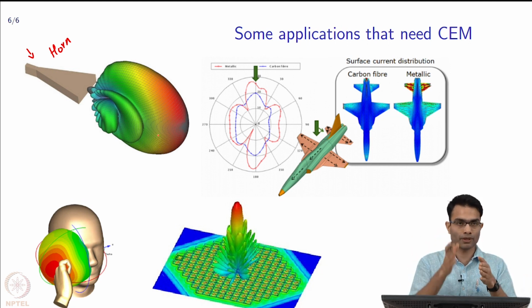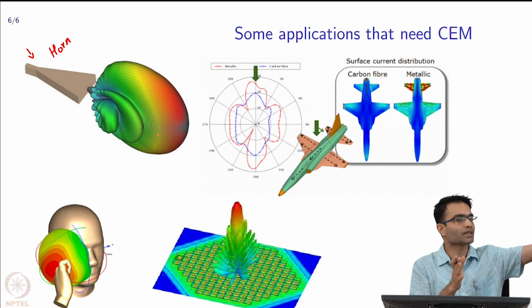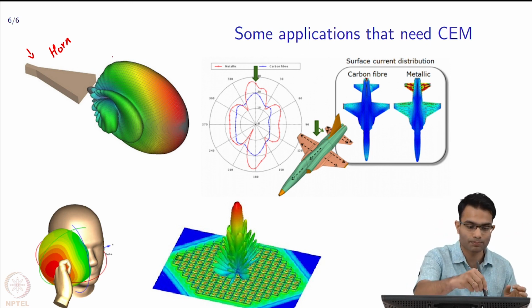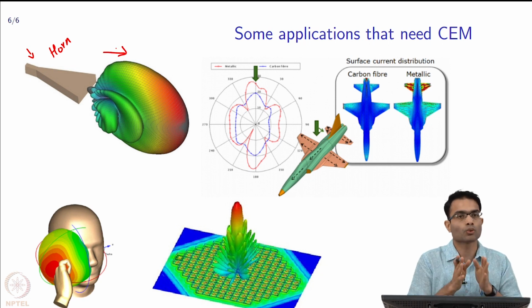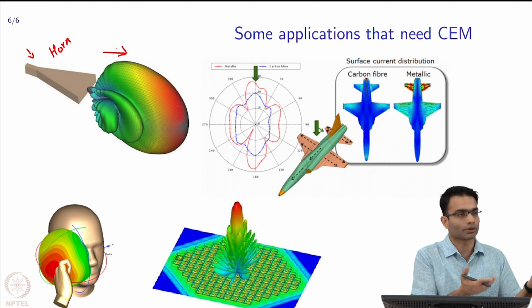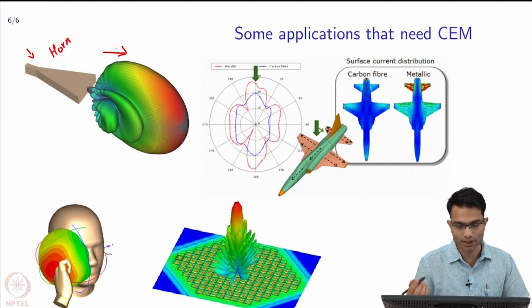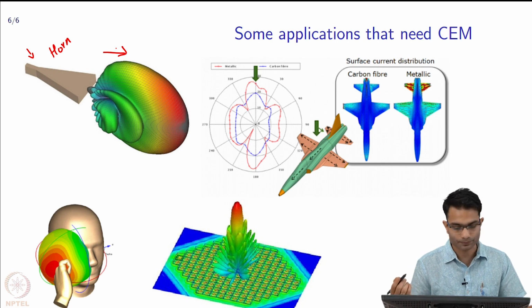I want to communicate from here to that point, and I want to make sure that no field goes to some eavesdropper on one side. So I have to make sure that this big beam over here is only in one direction, not in the other direction. So how will you know it? You have to solve Maxwell's equations numerically and get this. Okay. So that is an example of an antenna pattern.